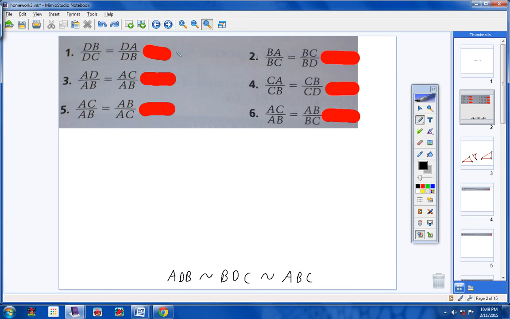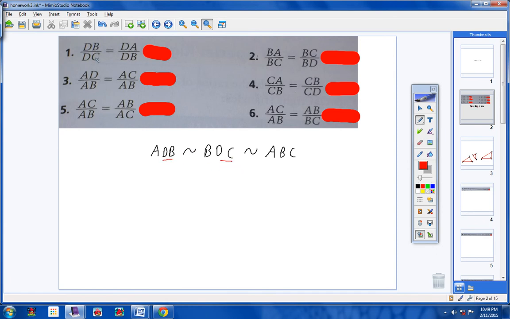Boy, guys, this is going to be really challenging. This will be so good for you guys. Please watch carefully before I go any further. You see now why it was so important to split my triangle up into 3 triangles, and how important it is to write my triangle similarity statements, because now I can go right through these. Okay, DB over DC. Well, I'm going to use a different color here. Okay, DB over DC.